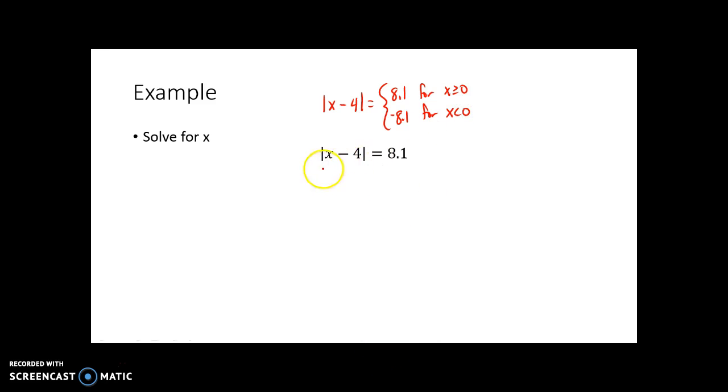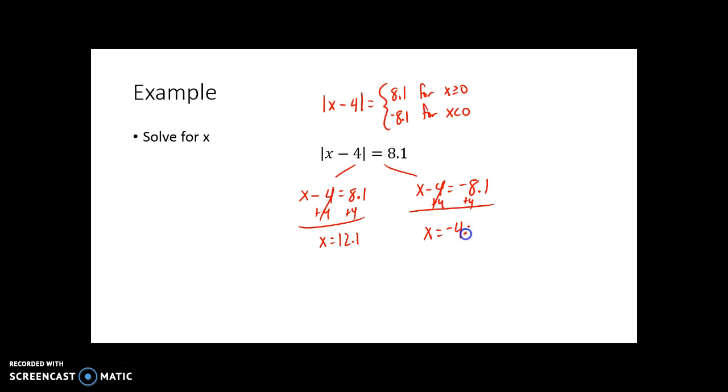What that means is I need to take this, and to get rid of the absolute value, I need to take into account that the x minus 4 without absolute value could be positive 8.1, or x minus 4 could be negative 8.1. And then I can just solve both of these individually. I get x equals 12.1 and x equals negative 4.1. So as you can see, when you solve absolute value equations, you set it equal to the positive and negative once the absolute value is all by itself, and then you just solve algebraically.